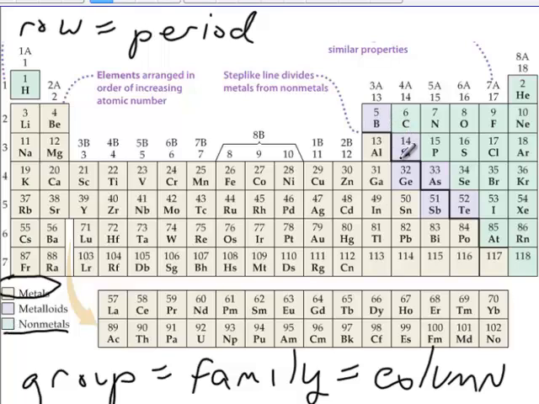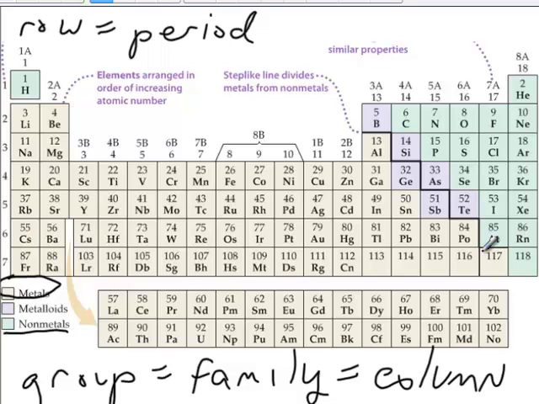And these bluish ones, those are the metalloids. So you'll notice the vast majority of elements on the periodic table are metals. Some of them over here are nonmetals, and the ones in between are metalloids. See this jaggedy line there? That's the line between metals and nonmetals.